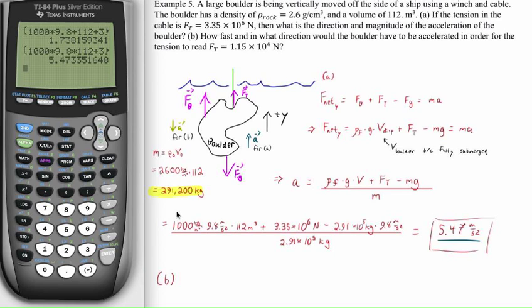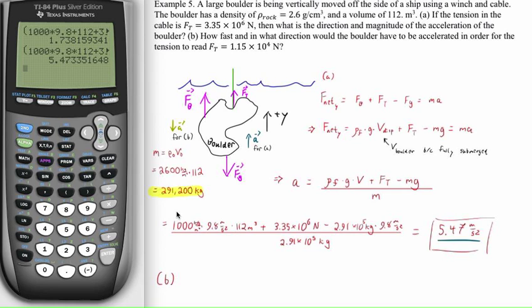But now we say, what if the rope can only sustain 1.15 times 10 to the 4, which would be 11,500 newtons of tension force? Well, in that case, the rock wouldn't come up out of the water; it would actually sink. It wouldn't sink as fast as it would without any tension, but it would still sink.